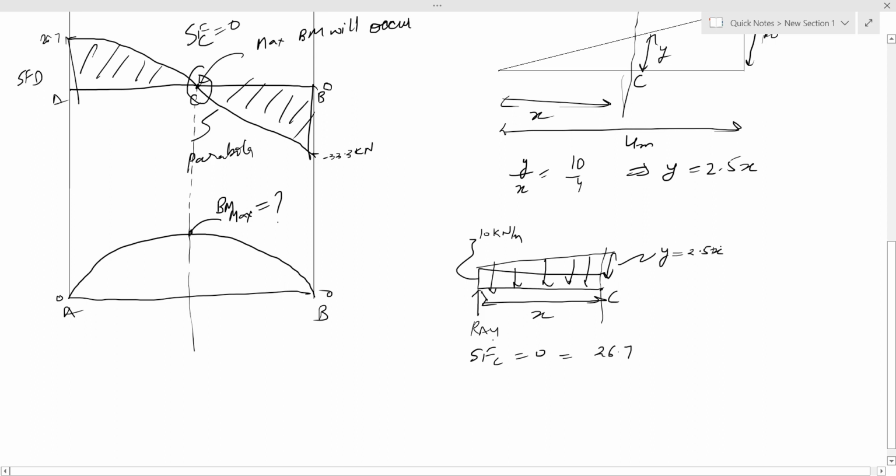Now at this point the shear force at point C is 0 and on resolving it will be 26.7, that is RA, because it is towards the left of the section and it is in upward direction, so this is treated as positive.